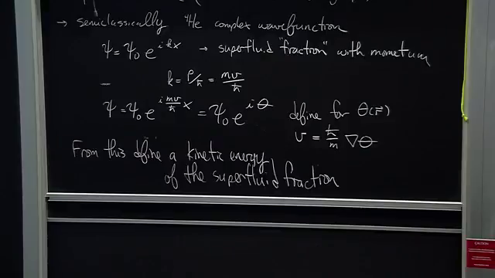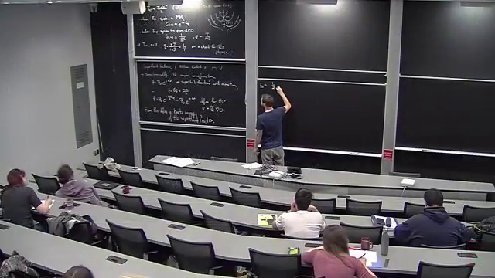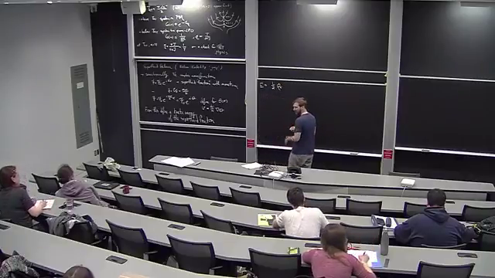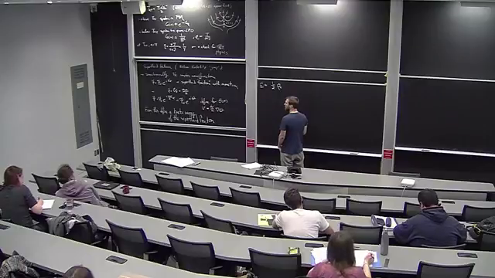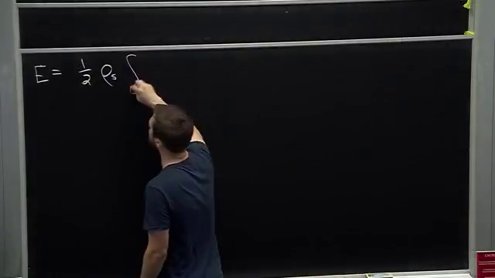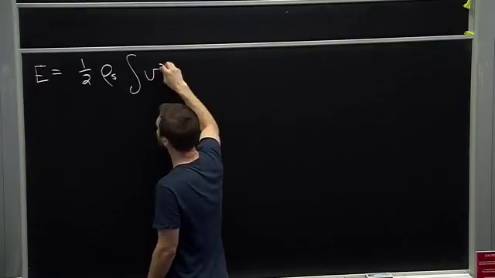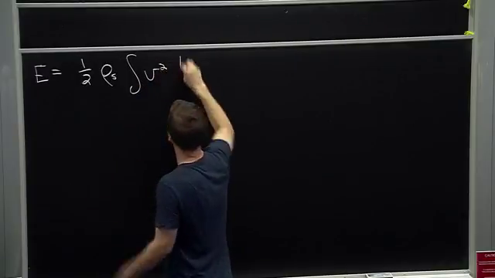So I'm going to define, so it's 1/2, a mass density, rho s, and then an integral, right? And so remember, it's v, so I need an integral of v squared over the two-dimensional area.